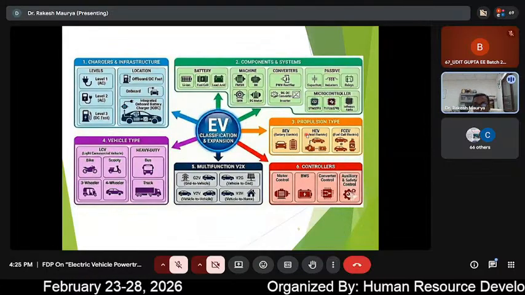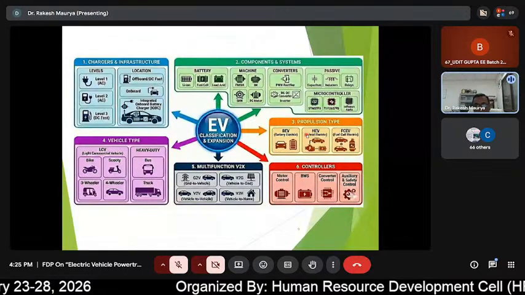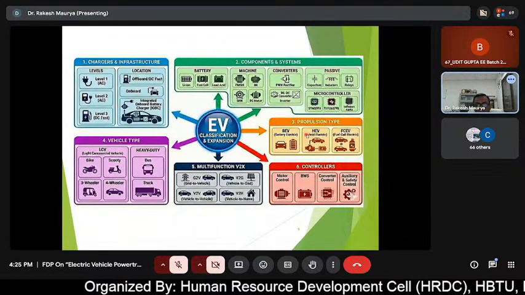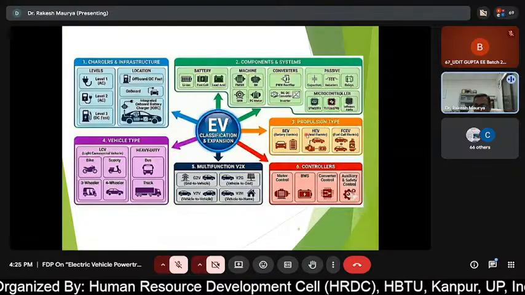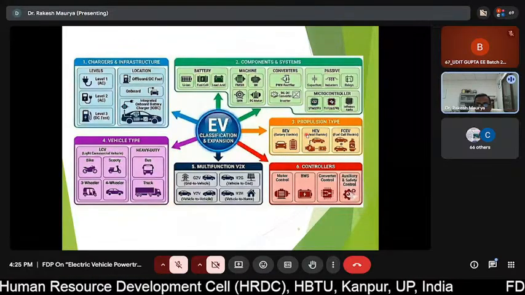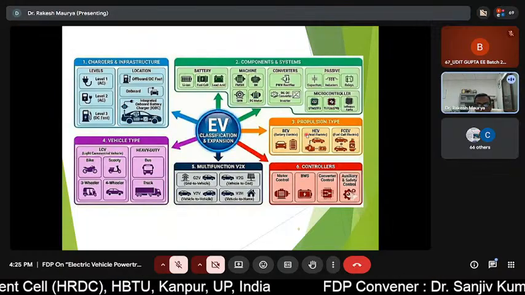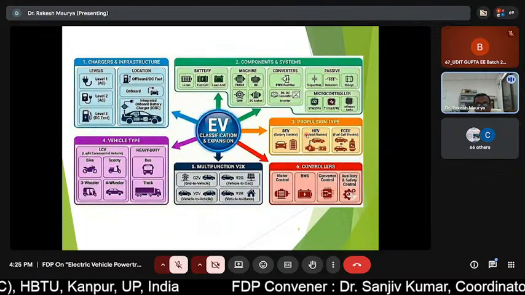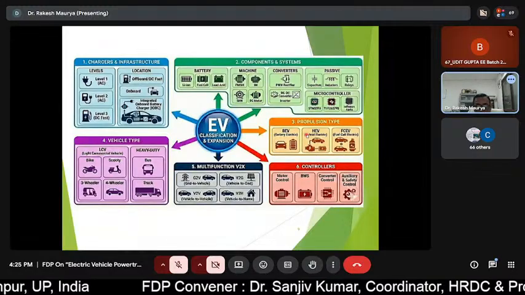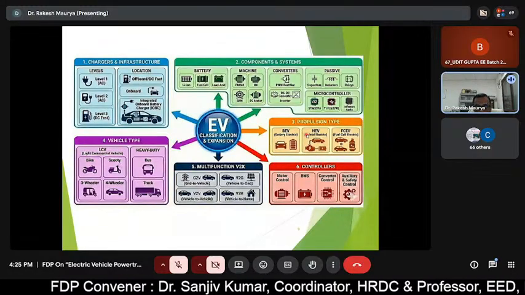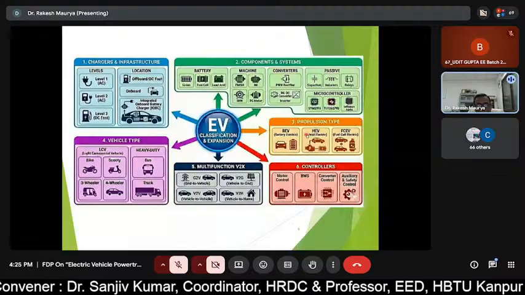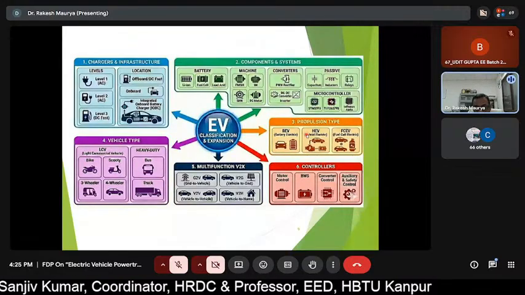Can we make optimum use of an electric vehicle? For example, in most offices, when I go to the office with my electric vehicle, it is parked in the parking area most of the time, and at night when I go back home, it is mostly parked there too.